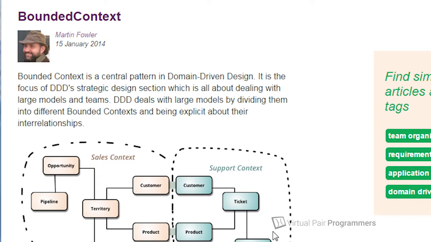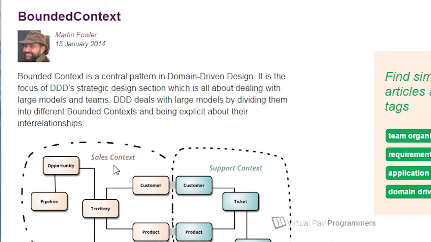And you can see that there is some apparent duplication in that there's a customer table in both of them, but these will be different customer tables. There will be different data relating to a customer for support as to what we would see in the sales customer table. So although domain-driven design predates microservices by a long way, you can see that these bounded contexts would make ideal databases for a single microservice.